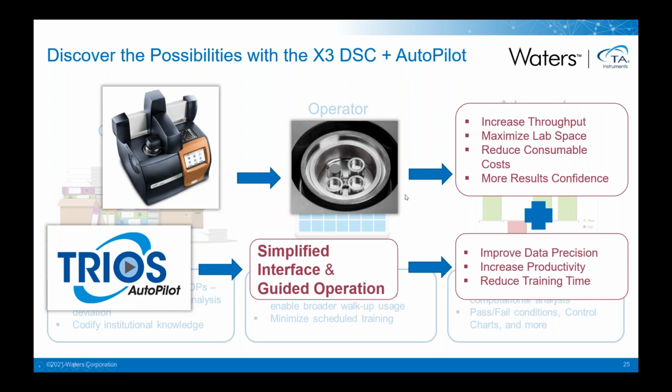But then, Trios Autopilot, creating a simplified interface with guided operations, is improving data precision and potentially increasing productivity and reducing training time. So the combination of these two things becomes extremely powerful in terms of furthering your research and development, maintaining high quality of incoming supply, or the high quality of outgoing material that you're trying to produce.